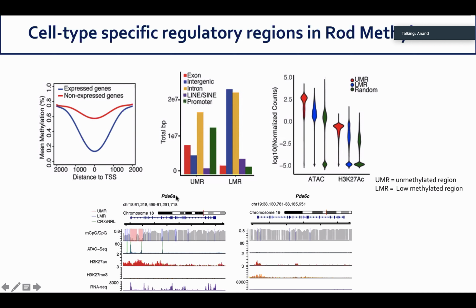We just picked PDE6A and C because they are different genes, of course, but one is in rod and the other is in cones. So we said, all right, everything is looking good. So now we can go and look at what happens in aging.